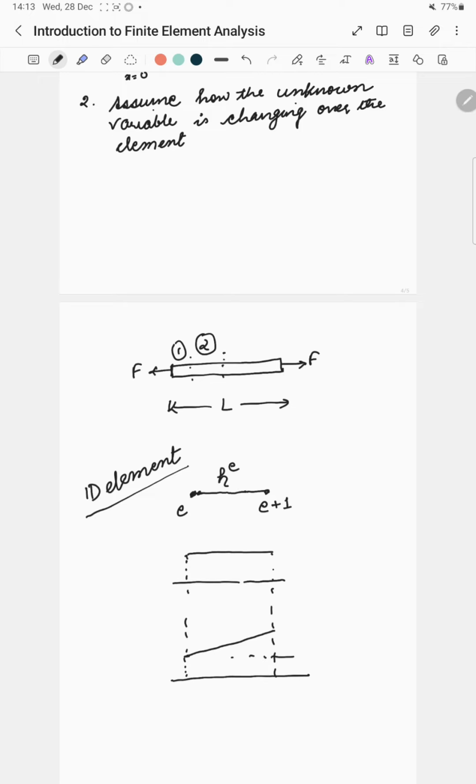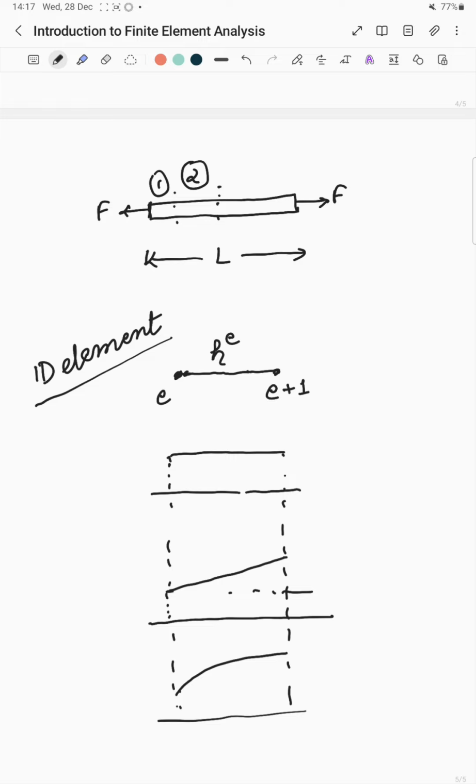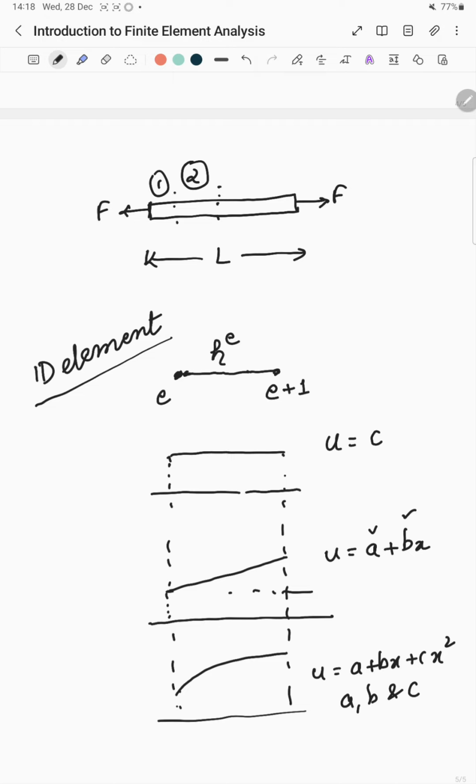Or I can assume that it is varying quadratically over this element, so on and so forth. Thus, the displacement that we need to find may be a constant C, it may vary linearly with B and X as constants, it may vary quadratically as A plus BX plus C x square, where A, B and C are unknown constants.